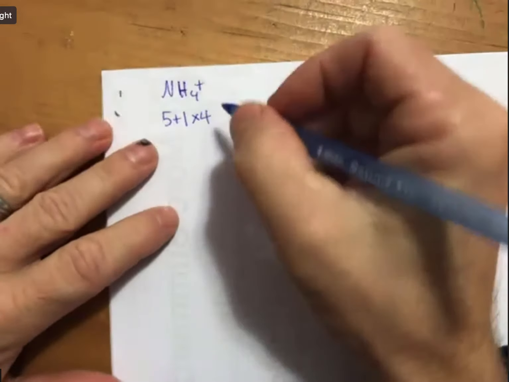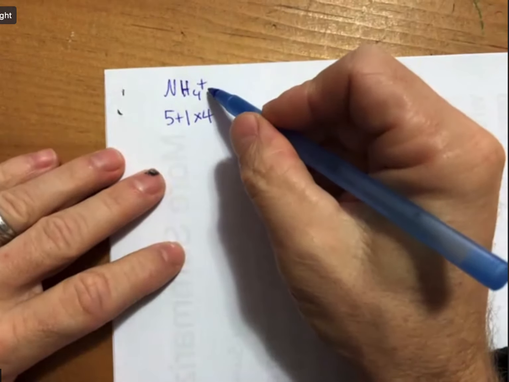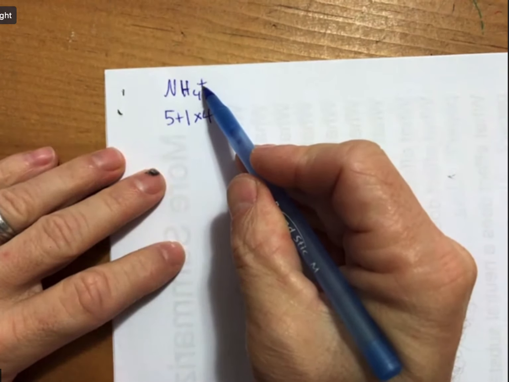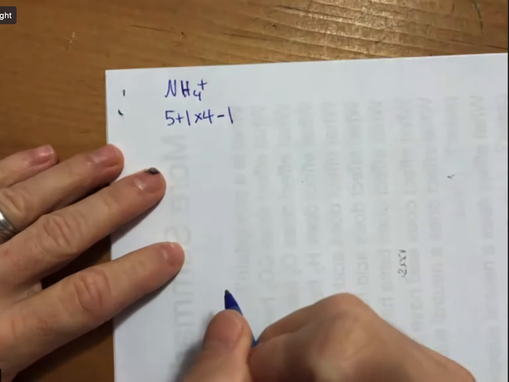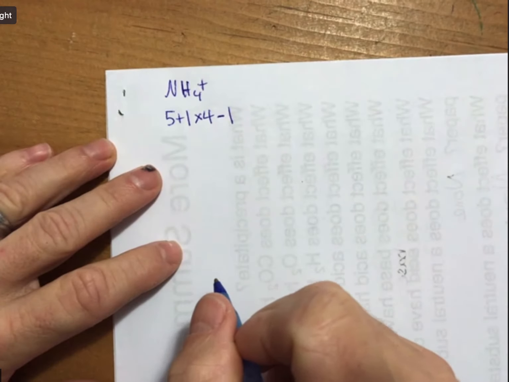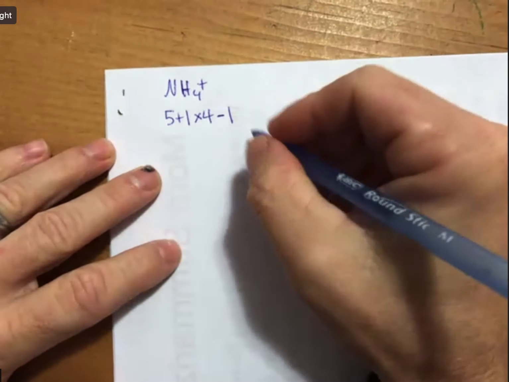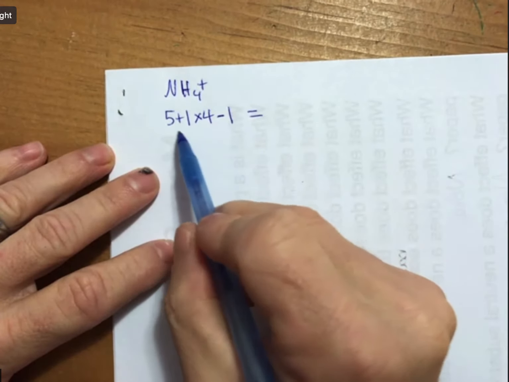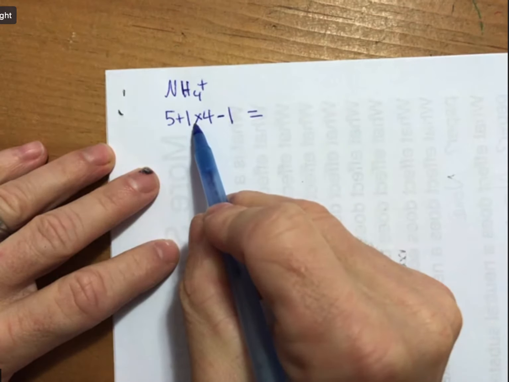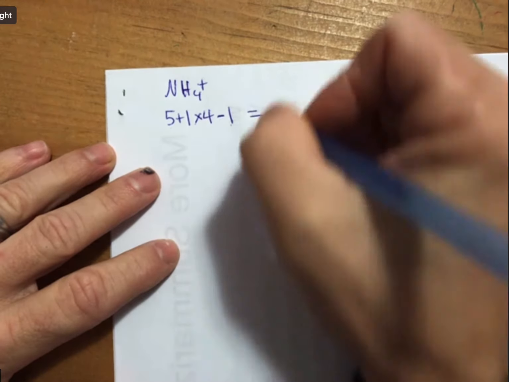Something we talked about this morning as well, but I want to go over it again: if there's a plus charge, that means you have to subtract 1 electron, because a plus charge means that 1 electron has been removed or lost. If I add up my valence electrons now, I get 5 plus 4 is 9, minus 1 is 8.